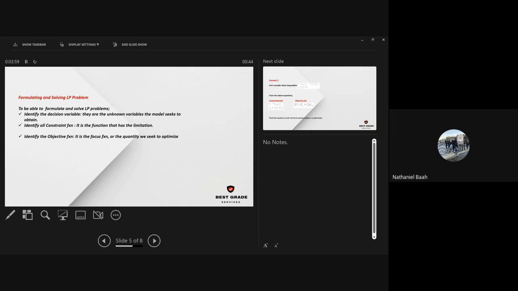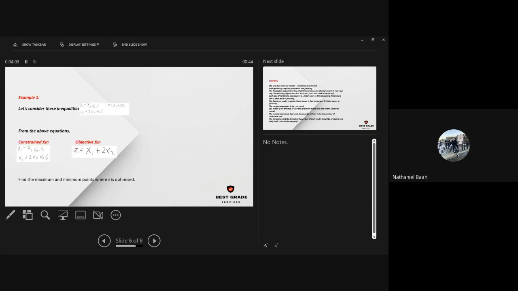So let's try to explain this further using an example. Let's consider these inequalities.